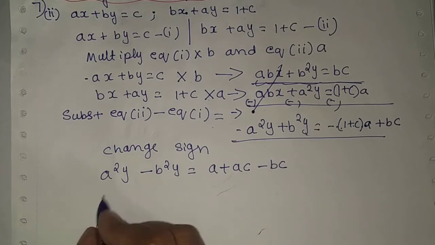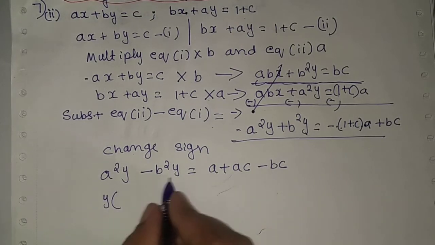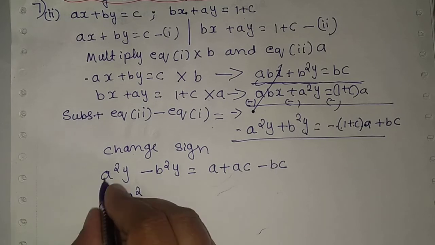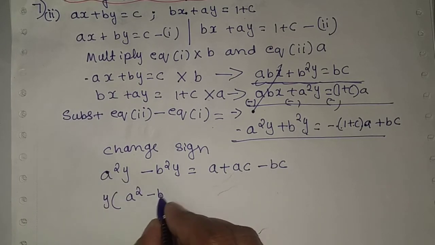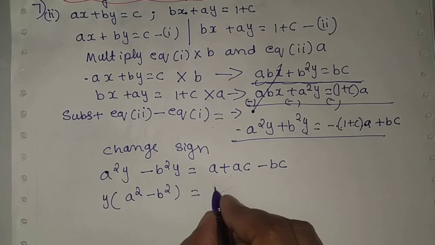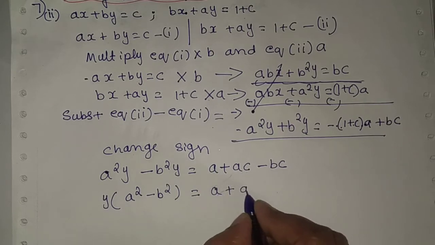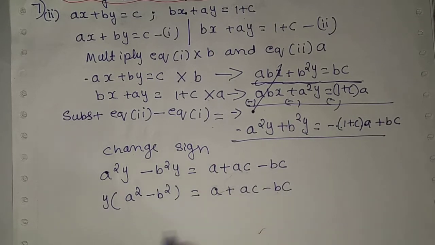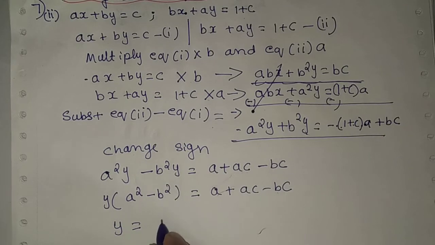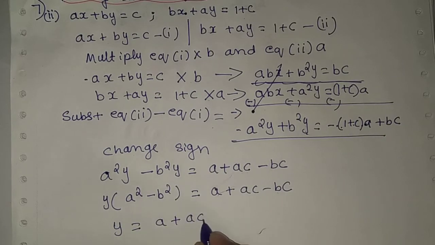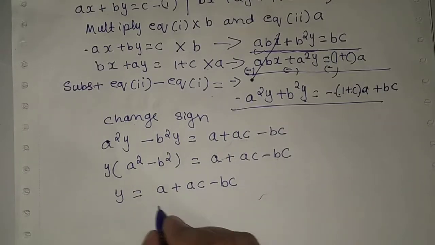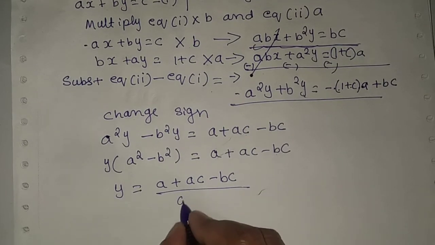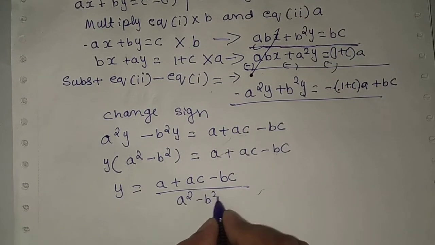After this, here y is common, bring y outside, then a square minus b square is equal to a plus ac minus bc. Therefore y is equal to a plus ac minus bc by a square minus b square.